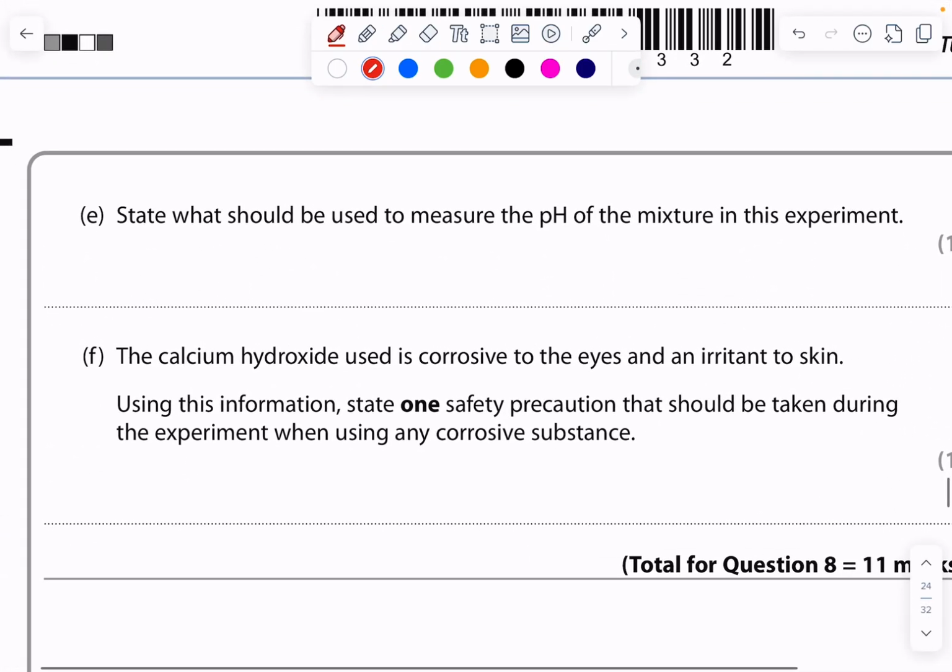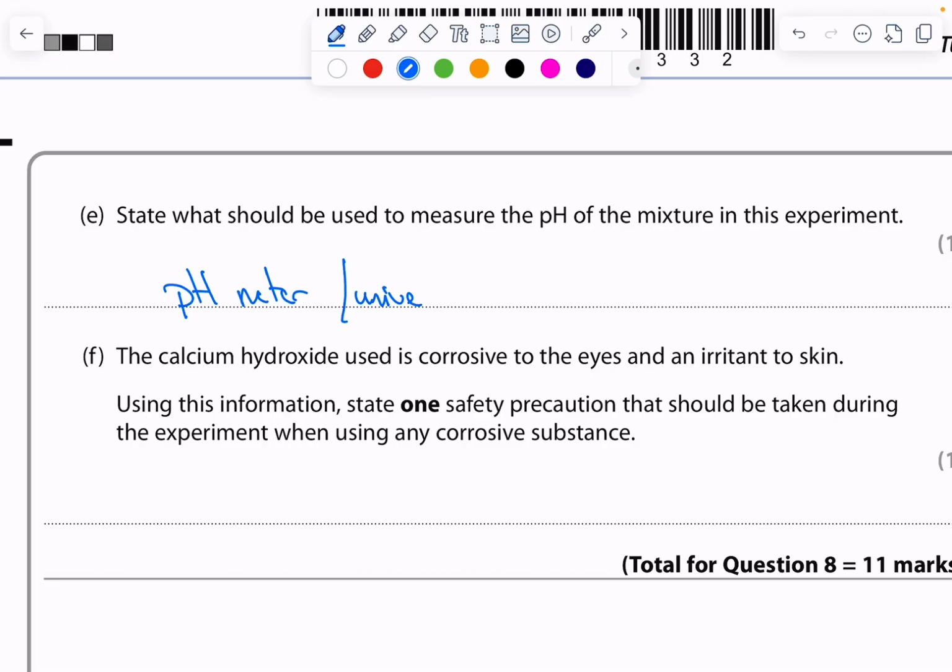Carrying on, what we've used to measure the pH of the mixture. So in a perfect world, you would use a pH meter, so you get a digital reading. In class, when we did this one, we used universal indicator, and that allowed us to see different color change for each pH value.